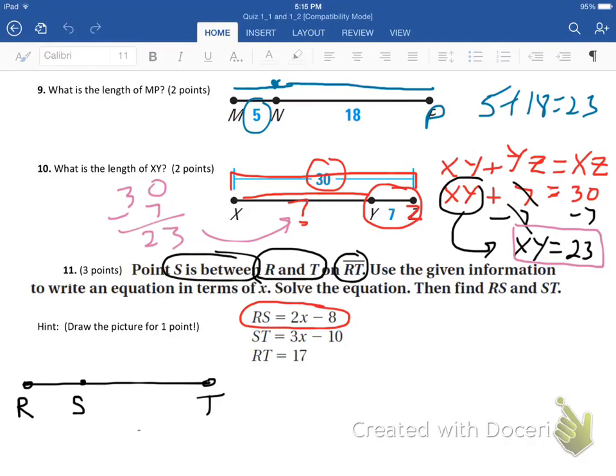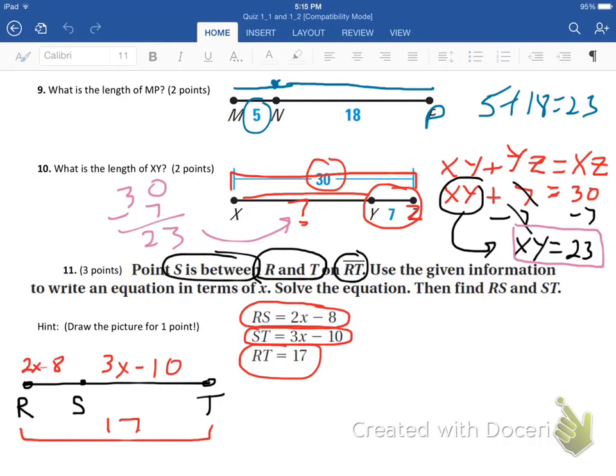RS is 2x minus 8, and then ST is 3x minus 10, and RT is 17.